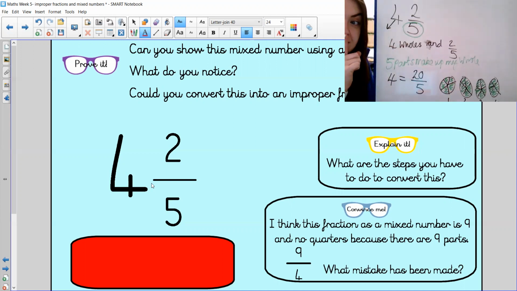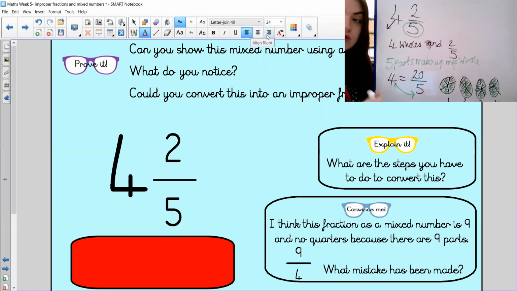Now I'm hoping that you are already starting to see a pattern here. What would be a quicker way for me to work this out? Do you want to pause and think, is there a quicker way rather than drawing all of my wholes, that I could have worked out using this bit of information here?